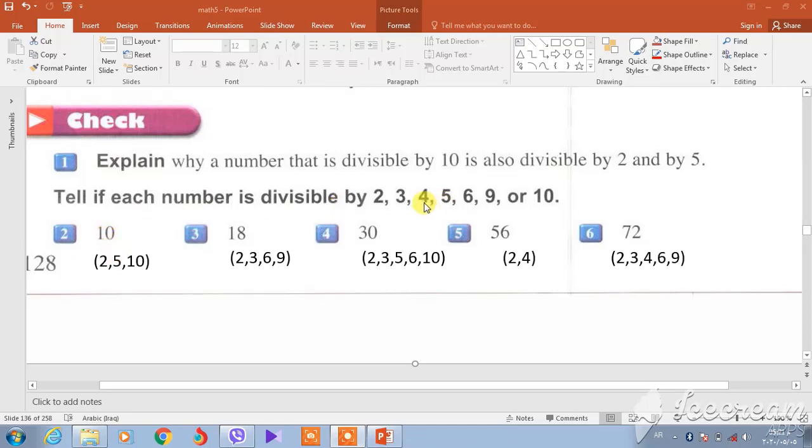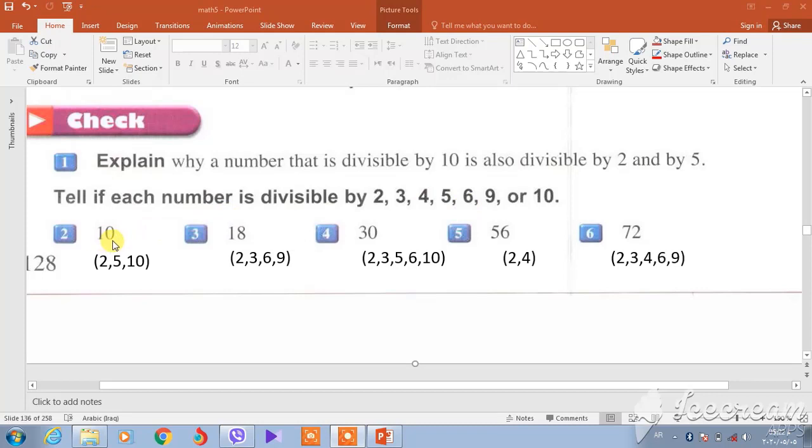Divisible by 4, no, because for the last two digits, we have just two digits, so the last two digits are 10. Is 10 divisible by 4? No. Divisible by 5, yes, because the last digit is 0. If the last digit is 0 or 5, it is divisible by 5. Divisible by 6, no, because it is not divisible by 3.